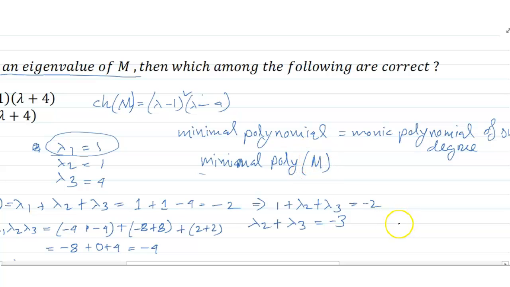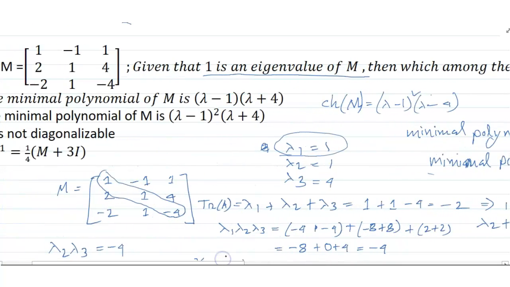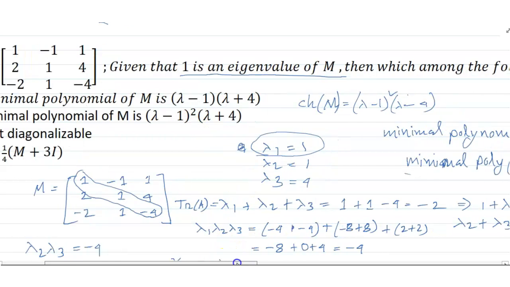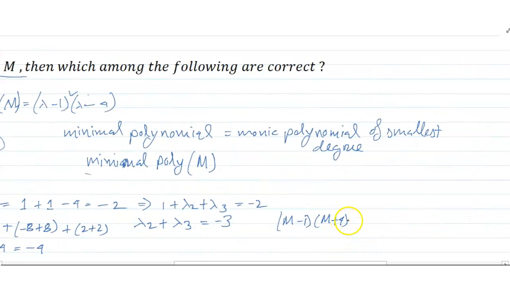So let's take M minus 1 and M plus 4. If we put this value, then we do not get 0.